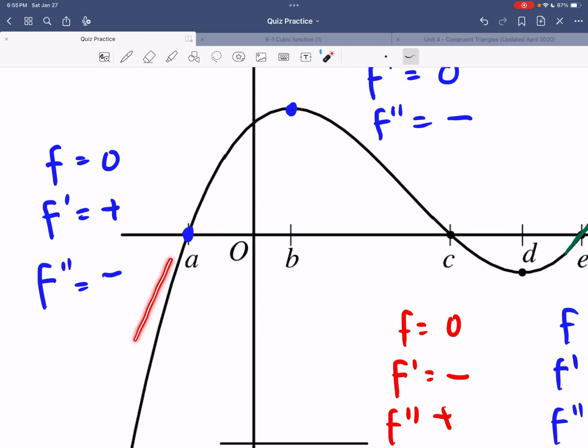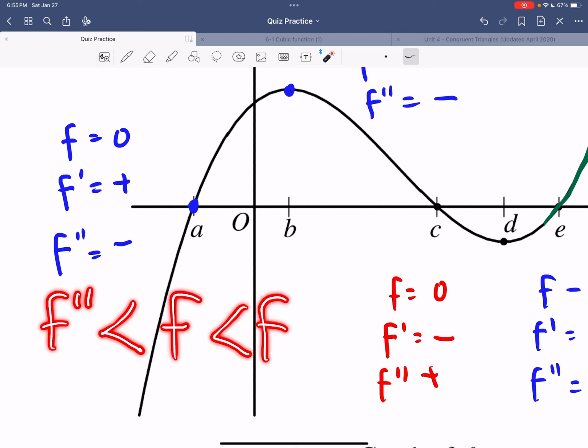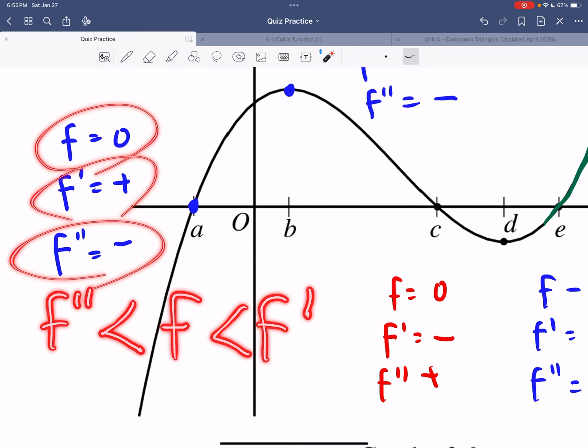I don't know how steep it is, but I know it is a positive slope. And the second derivative, which is concavity: do you see this one is concave down? So this one is going to be negative. So this is 0, this is plus, this is negative. If you want to do it in order, it's going to be f double prime, f, f prime, because that's the lowest, middle, and highest.